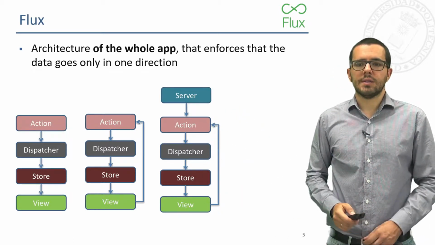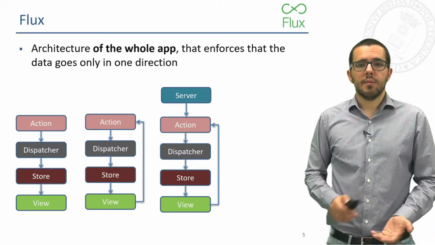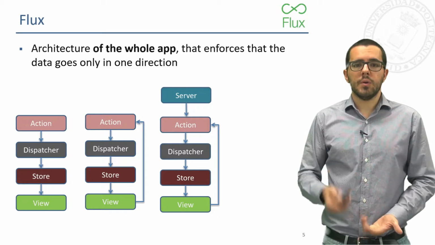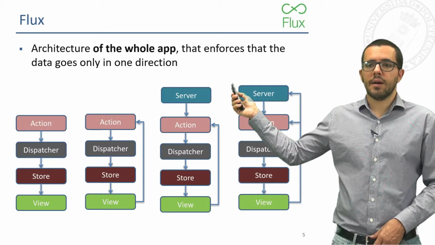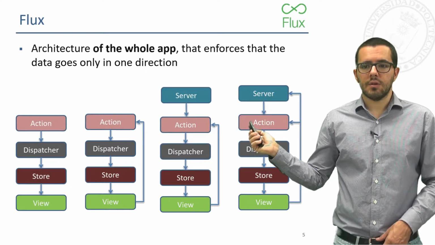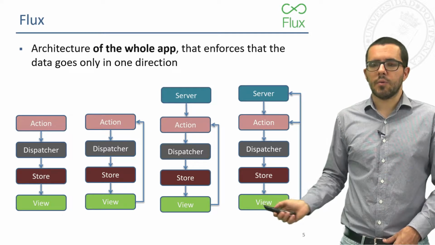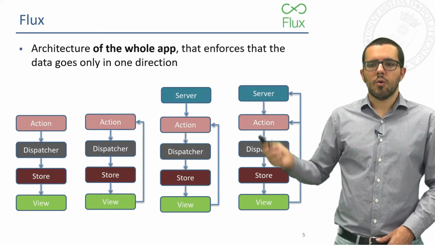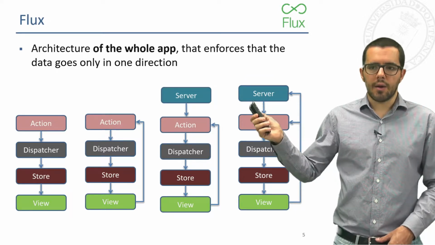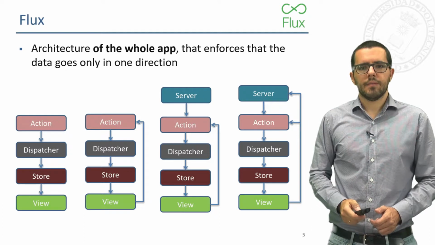One-way data flow, as you can see. And also the last possibility will be that the user, by interacting with the view, will call the server. Okay, the user calls the server and the server will emit the action. Perfect, because now again we have the three possibilities: action emitted by the view, by the server, or by the view calling the server, and all of them come through the same flow.